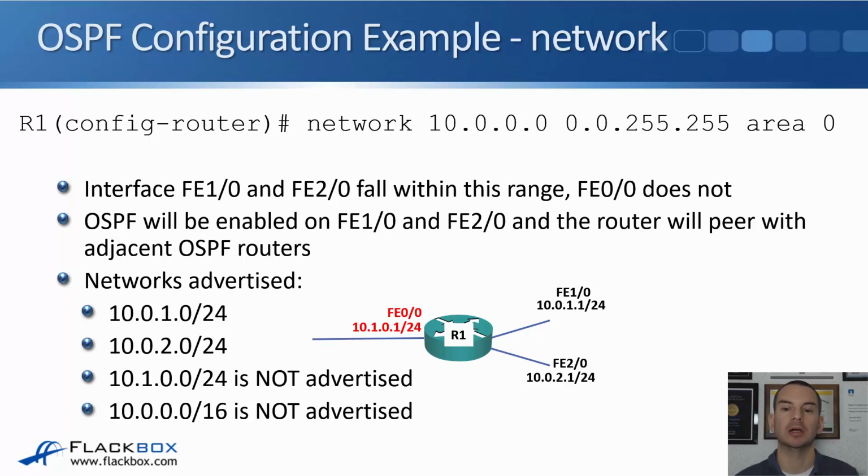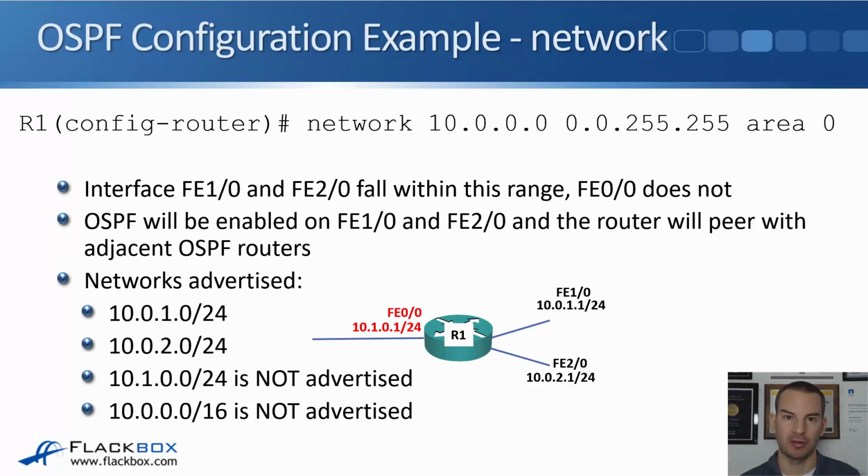Actually, in the example here, we just want to turn on OSPF for interfaces fast 1/0 and 2/0. We don't want to include 0/0. So we configure a network command, network 10.0.0.0 0.0.255.255 area 0.